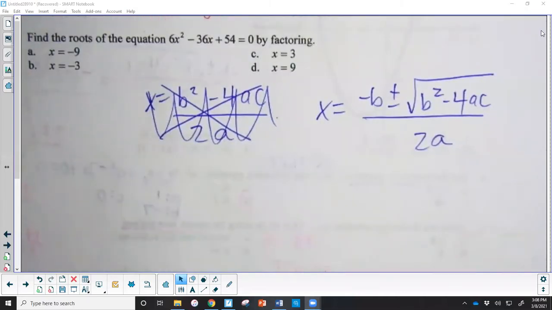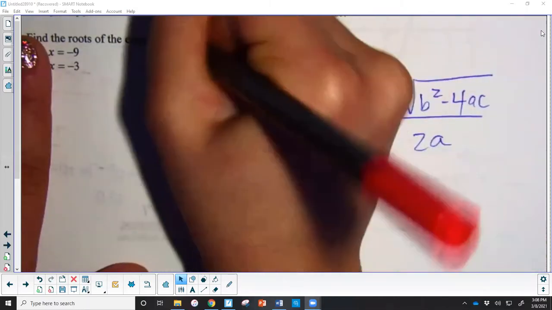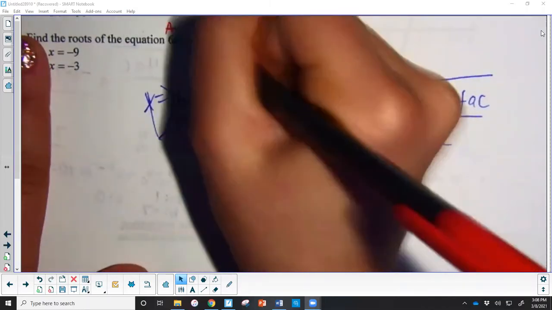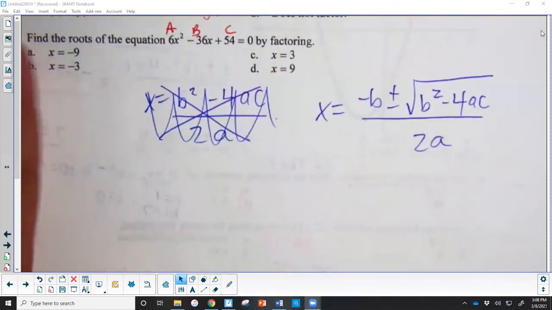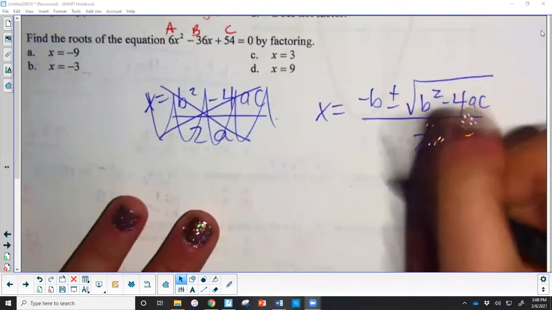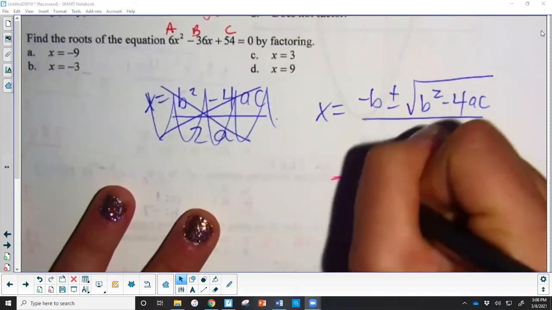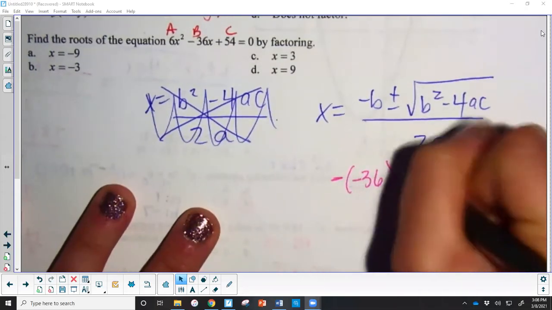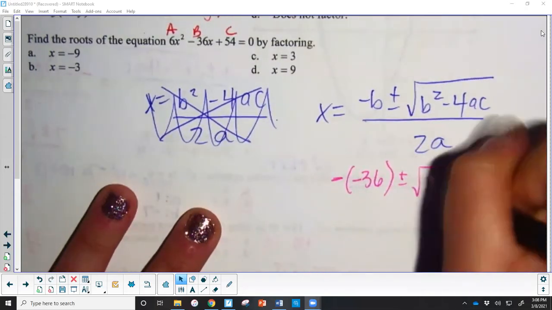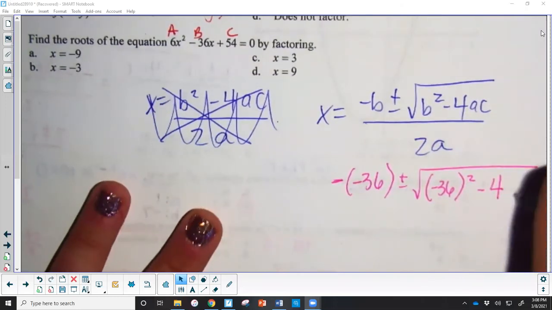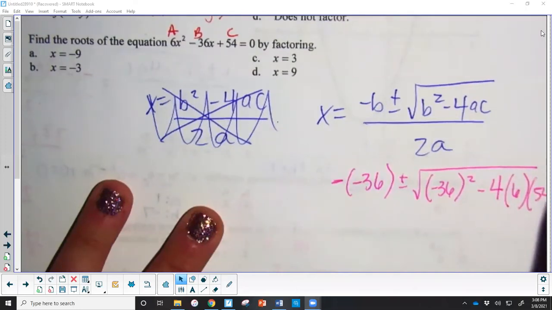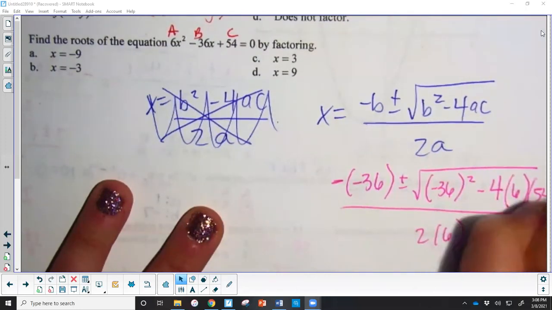Look at me. All right, my a value is 6. My b value is negative 36. My c value is 54. So here we go. Negative b plus or minus the square root of b squared minus 4 times a times c all over 2a.